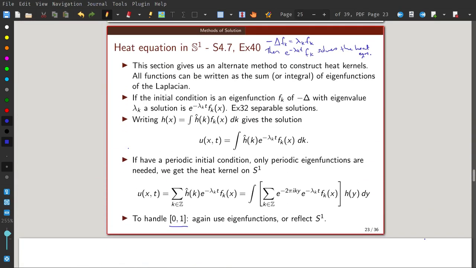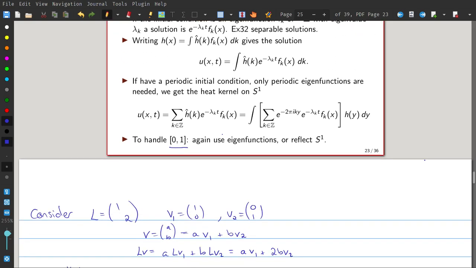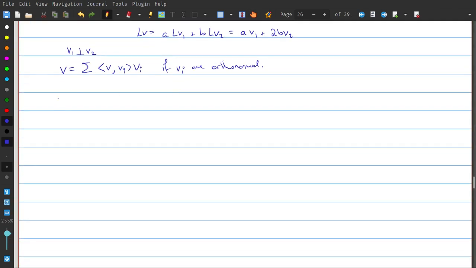In this case, in section 4.7, we give an inner product. We see that the eigenfunctions are all perpendicular in this inner product, and therefore we get that every function, let's say h, is equal to a sum of eigenfunctions f_k, and the coefficients we call h hat.